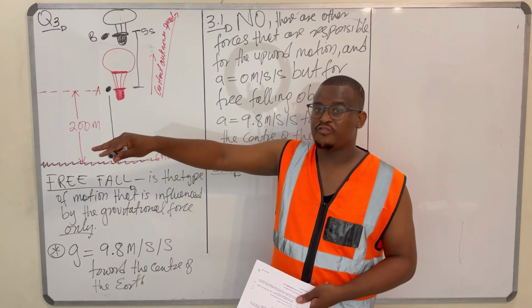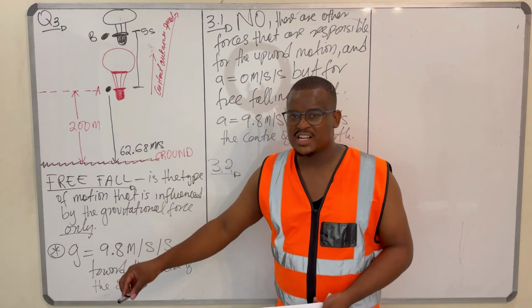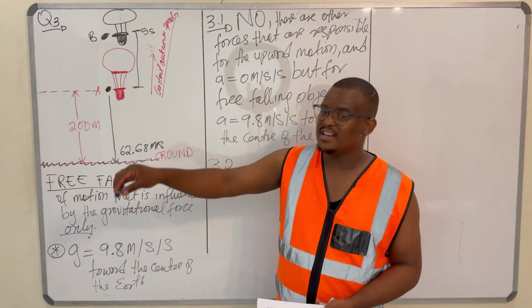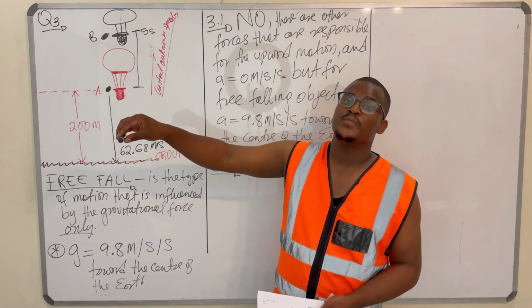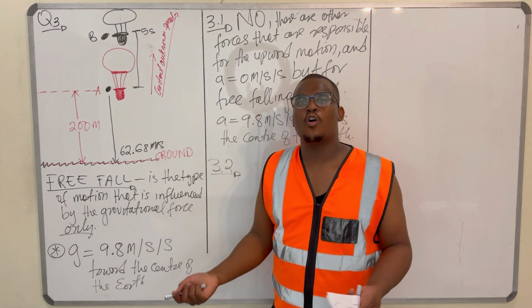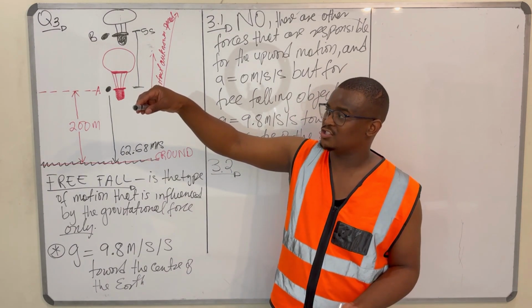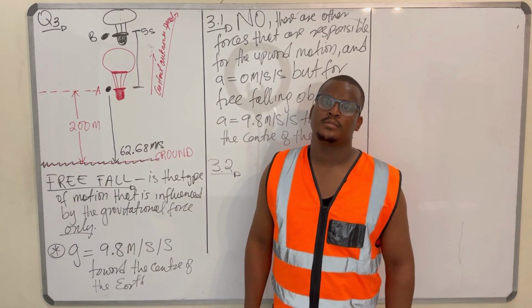So if you let go of that ball, it will not just go straight down. It will first try to continue upwards with this initial velocity, which is the same as that of the hot air balloon. And of course, due to gravity, its velocity will diminish going up until it gets to 0 and then drops down.